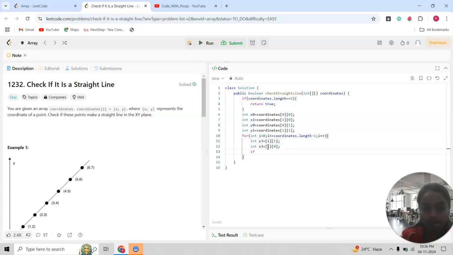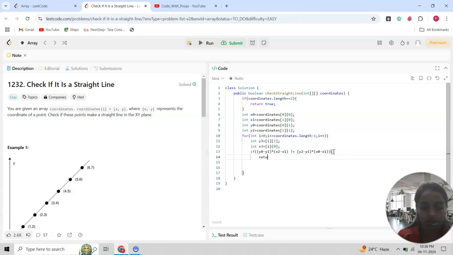Now after that I will be using an if condition. Let me explain it: y0 minus y1 multiplied by x2 minus x0 is not equal to y2 minus y1 multiplied by x0 minus x1.